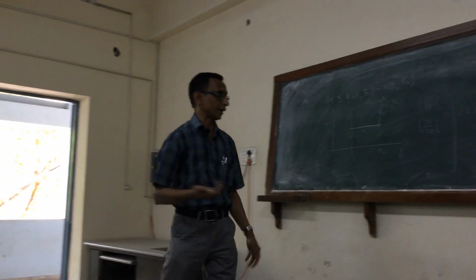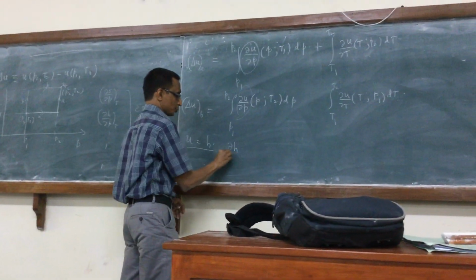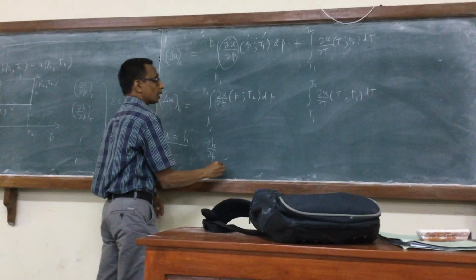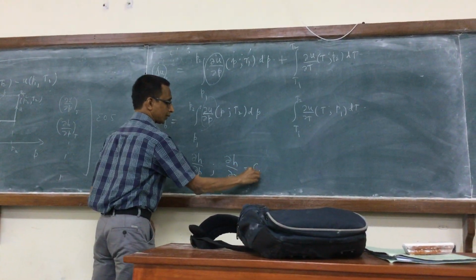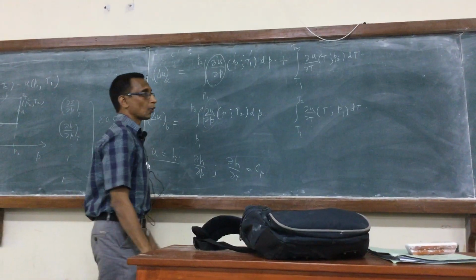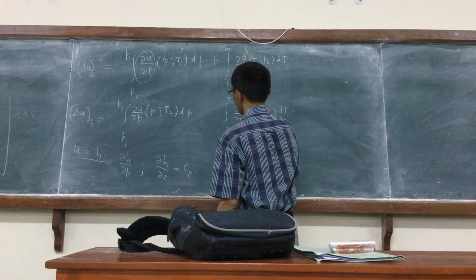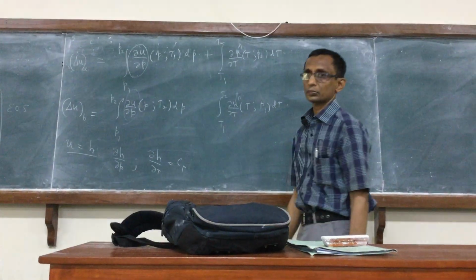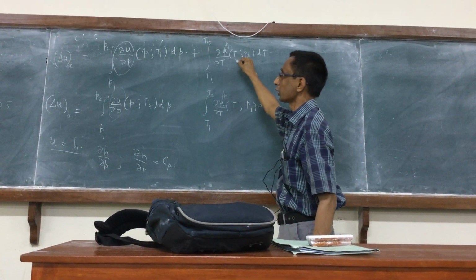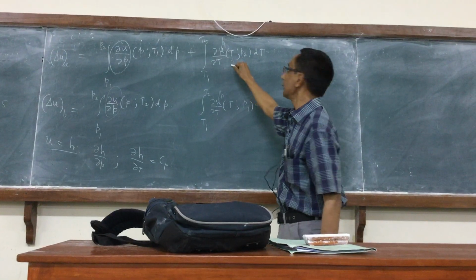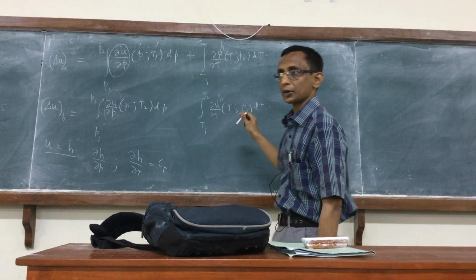For instance, you take H equal to H. What I want is dH/dP, and I also want dH/dT at constant P, which is nothing but Cp. So if I replace this by H, then here I need the Cp data at pressure P2, and here I would need the Cp data at pressure P1.